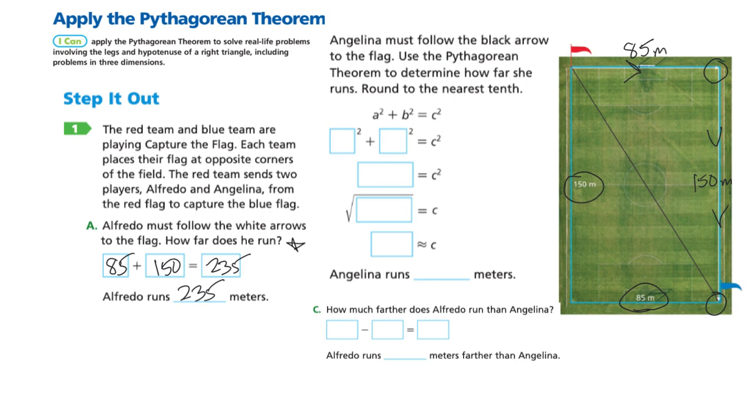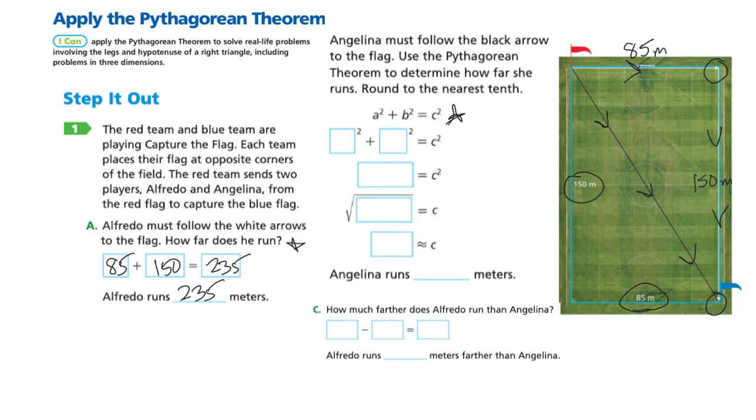Then they tell us that Angelina must follow the black arrow to the flag, so that's this one. She's running from the red to the blue also, but she's running just down that black line right there. Use the Pythagorean theorem to determine how far she runs, round to the nearest tenth. If you remember, this is the Pythagorean theorem.